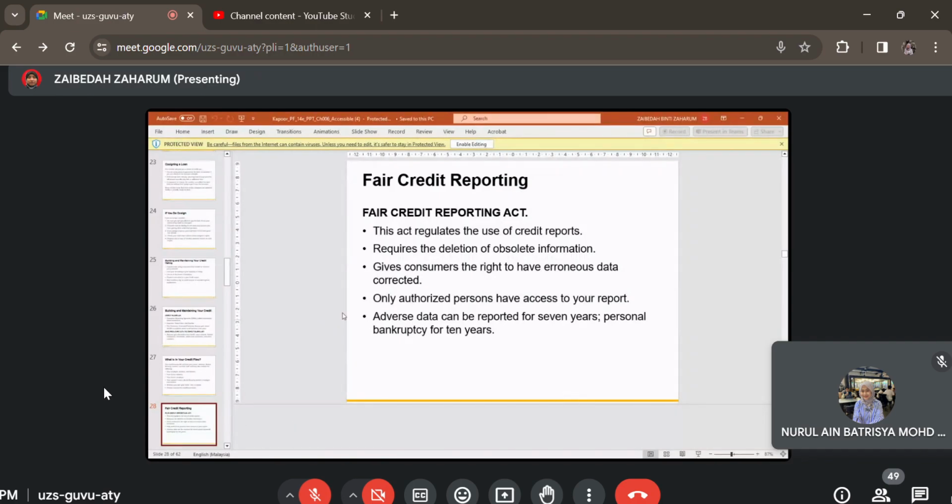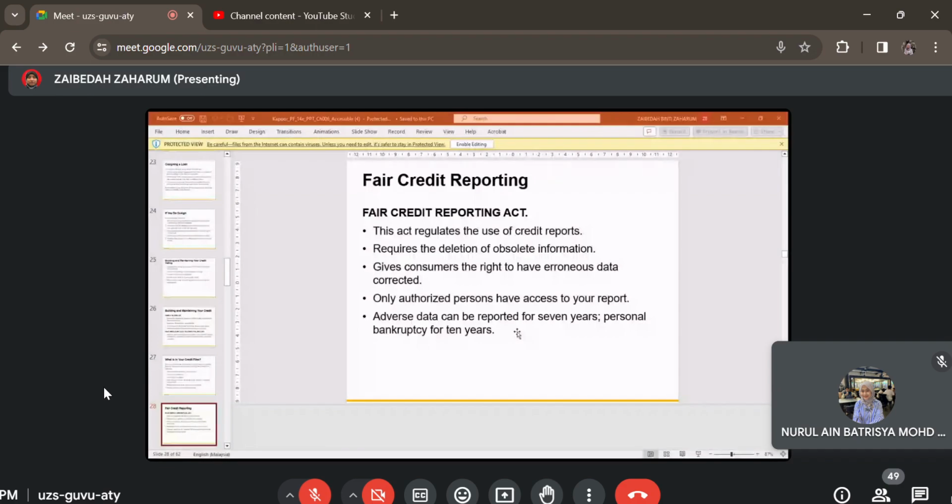Alright. So this is the fair credit report tadi. Credit report tadi, dia ada akta-akta ni lah. Kalau dekat Malaysia ni akta yang digunakan, okay, kita ada akta seperti BAFIA, Consumer Protection Act dan juga Central Bank of Malaysia Act lah. Okay.